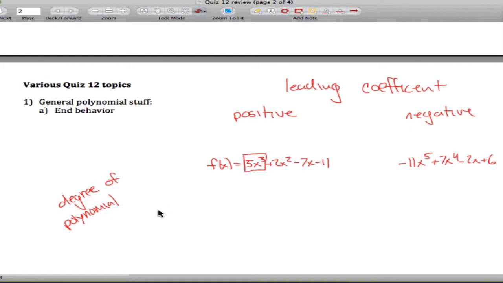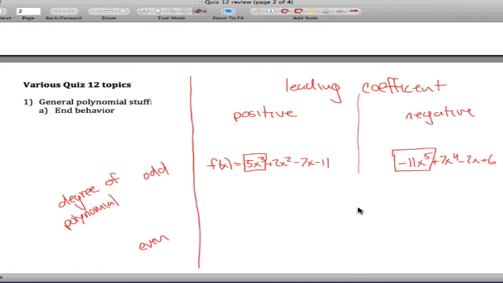You determine the degree by finding the largest exponent in the polynomial, so again, you're just looking at this first term here. In this case, the degree is 3. In this case, the degree is 5. What you need to determine is whether the degree is an odd number or an even number, and that gives you all four possibilities.